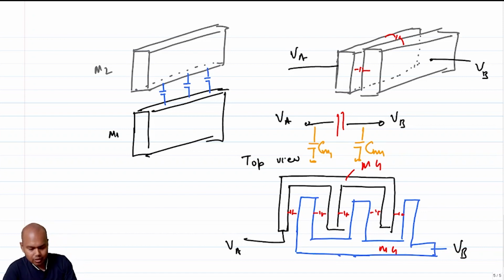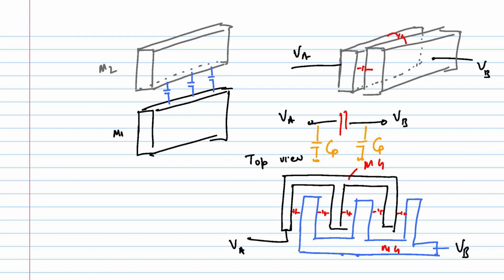So this often also helps in reducing the loss, because now both the metal layers can be at the top layer, right? Now you can do some more optimization of this loss. Note that all these losses are referred to the substrate loss, because that is the main source of loss in a capacitor.